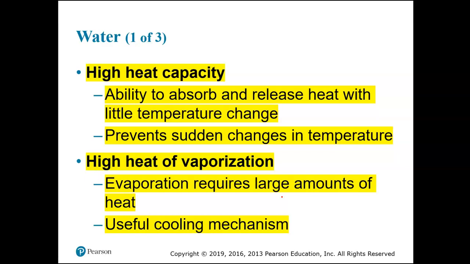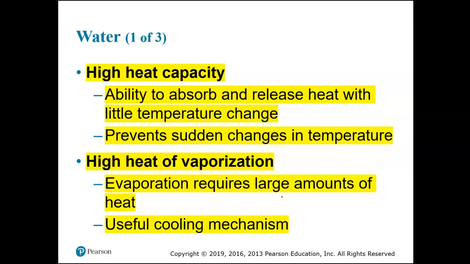The property of water called high heat capacity is that water has the ability to prevent sudden changes in temperature. Think about how long it takes you to boil water, but the pot that you boil the water in gets hot really, really fast. But the water takes a while to change temperature.